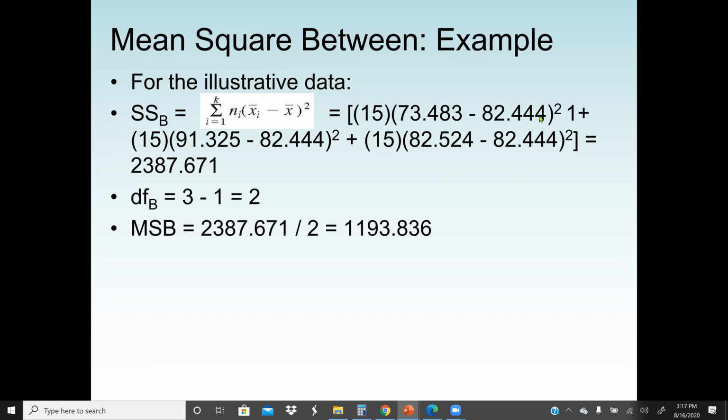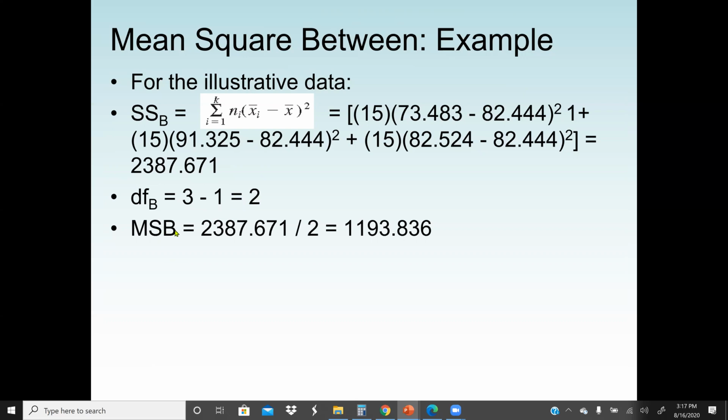After that, we have all the values and we do our arithmetic. We will get 2387.671. For the degree of freedom, again, the number of groups is 3: pets, friends, no friends or no pets. So the degree of freedom between will be 3 minus 1, which gives me 2.